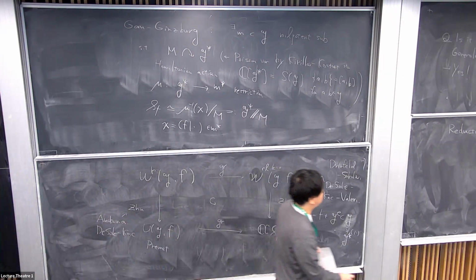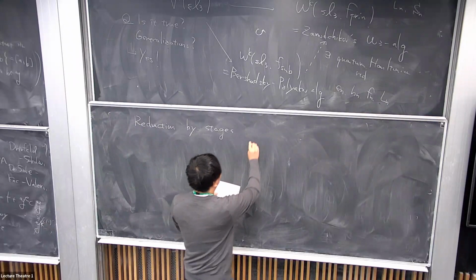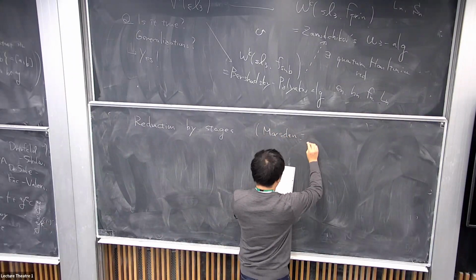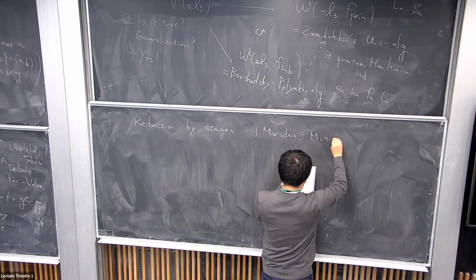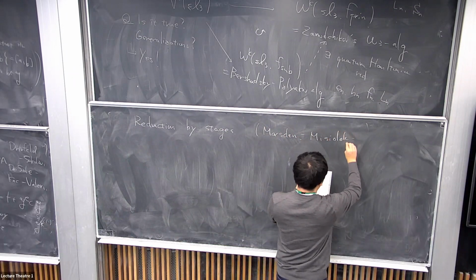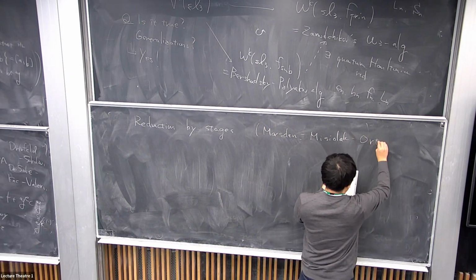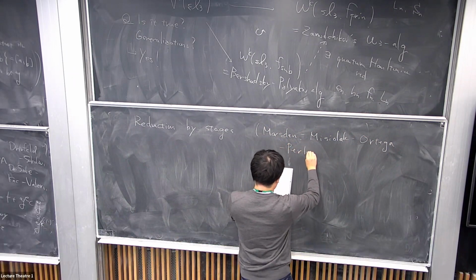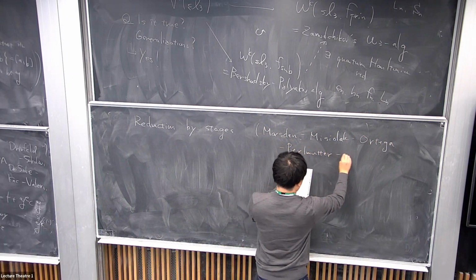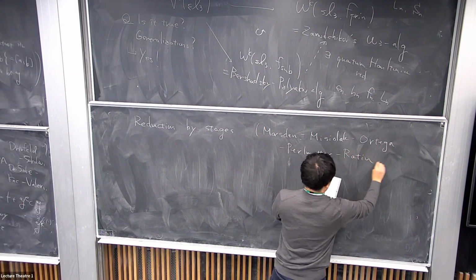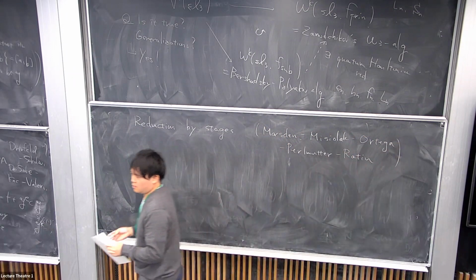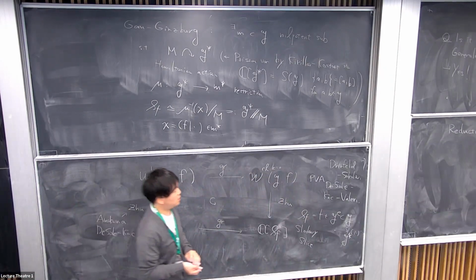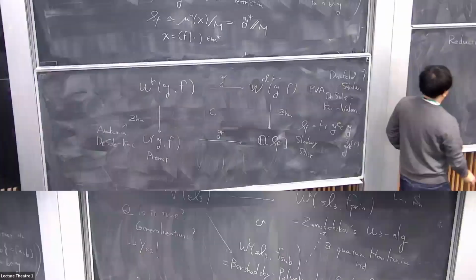This is studied by Marsden, Misiolek, Ortega, and others. They wrote one nice textbook about Hamiltonian reduction by stages. The statement is as follows.